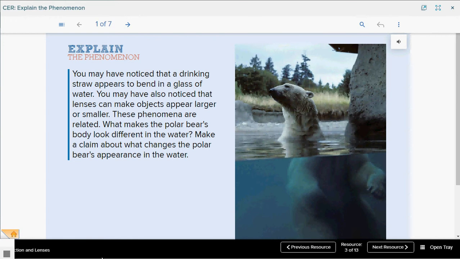Okay, make a claim about what changes the polar bear's appearance in the water.